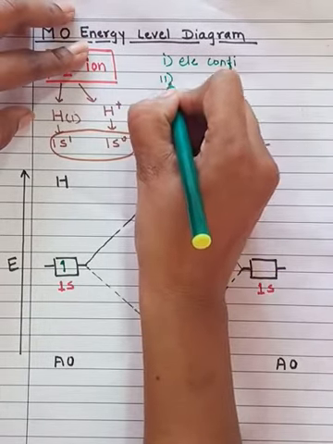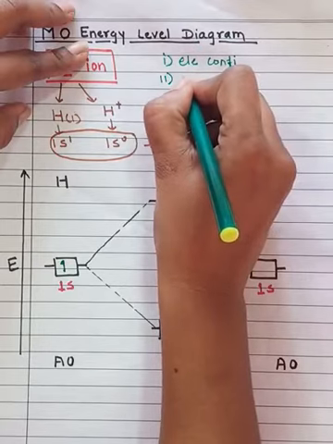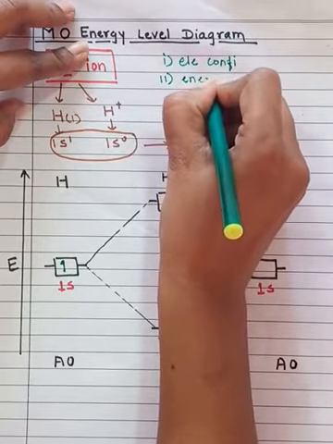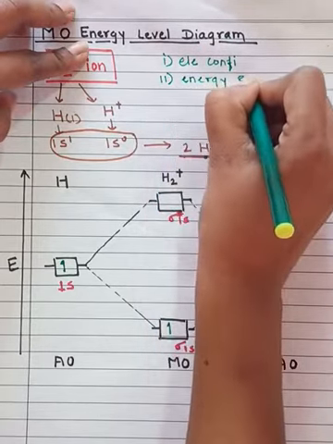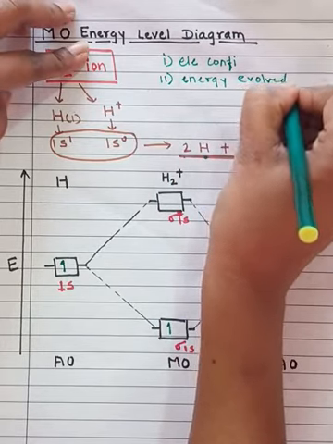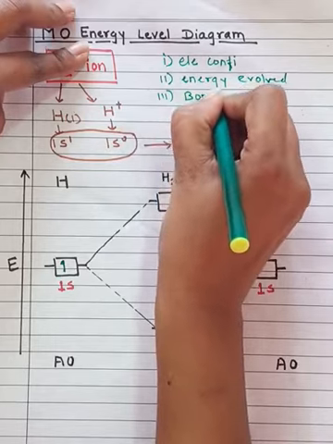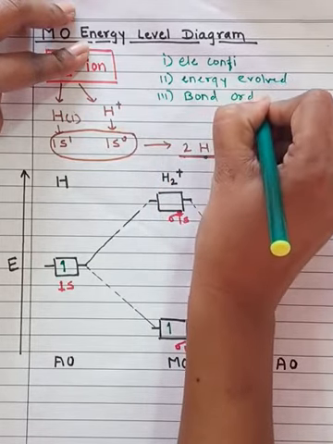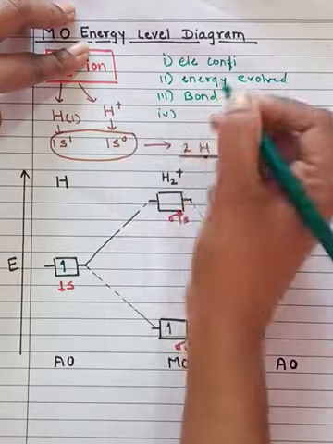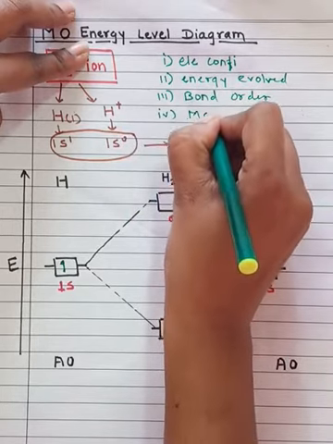The second is the energy evolved. The third one is the bond order, and the fourth one is the magnetic behavior.